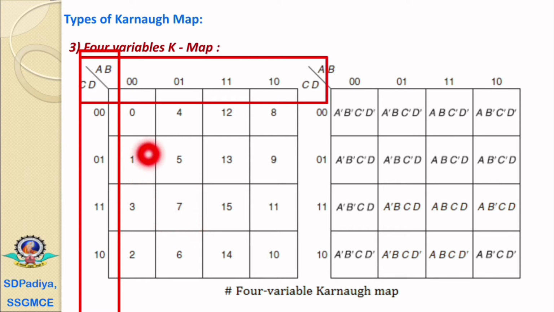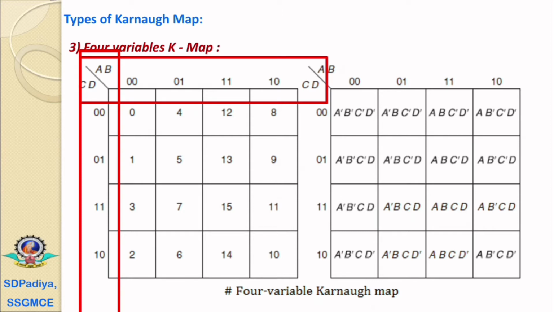If we convert all these combinations of the bits of the ABCD into decimal, then this designation will be 0, 1, 3, 2 for the first column. For the second column, it will be 4, 5, then 7, 6, then 12, 13, 15, 14, and for the last, it is 8, 9, 11, 10.